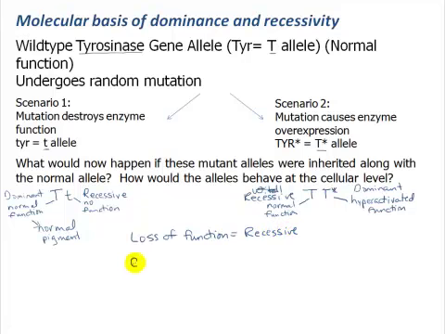On the other hand, when we have a mutation that leads to a new function or overexpression of the normal function, those mutations are typically dominant in the genotype context of being combined with the normal allele. So loss of function or gain of function mutations are associated typically with recessive inheritance patterns and dominant inheritance patterns, respectively.